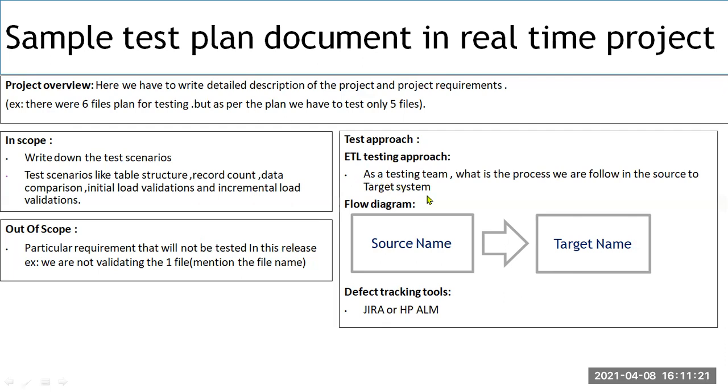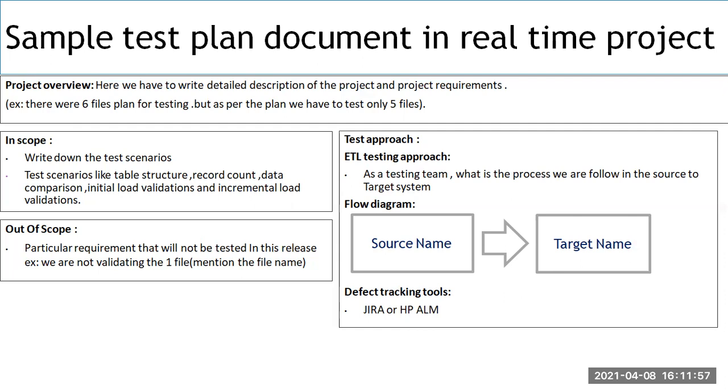in the testing approach. Let me tell one example of how it normally happens in an organization. The QA team will run the job or stored procedure, and once the job or stored procedure succeeds, the data goes into the target system, and we perform the initial load and incremental load validation.